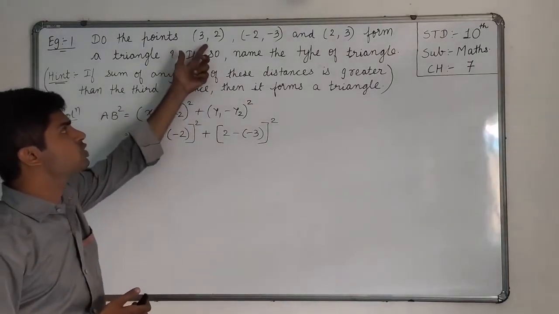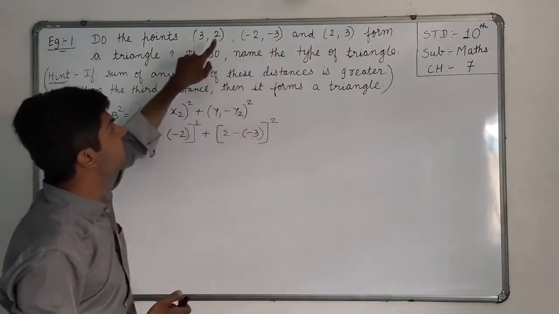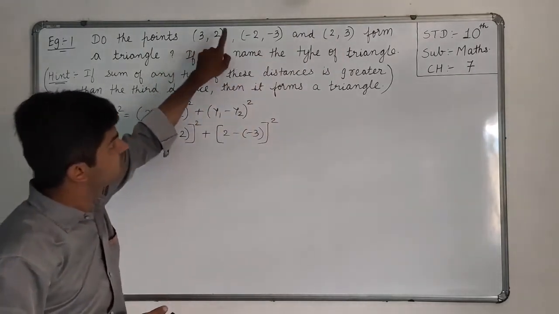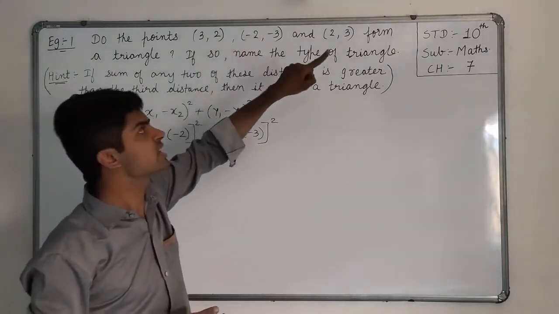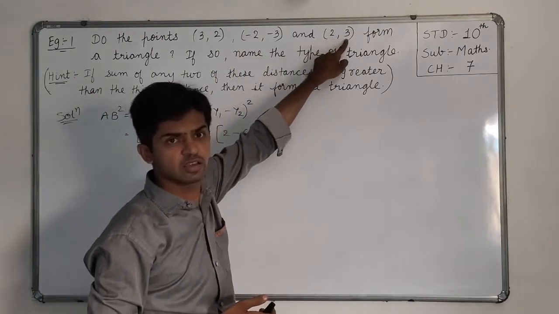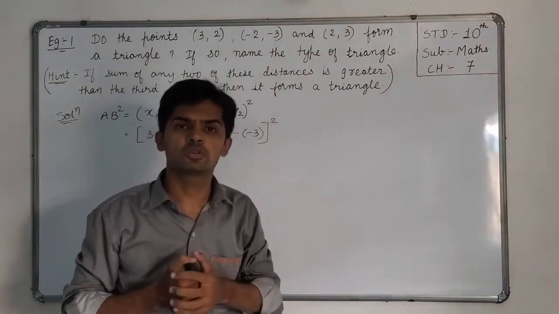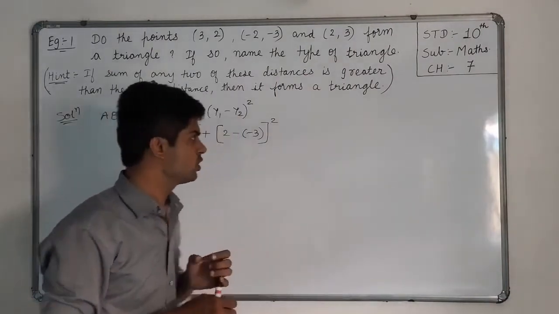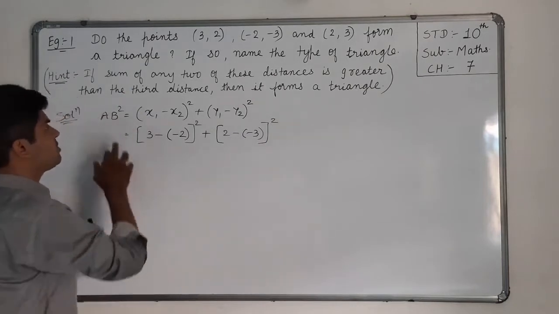So suppose this is your point A, this is your B and this is your point C. Now if this is your point A, then it will be x1 y1. पॉइंट B के लिए x2 y2, पॉइंट C के लिए x3 y3. मान लो कि कोई फोर्थ पॉइंट हो तो उसका कोऑर्डिनेट क्या आएगा? x4 y4. Understood? Okay.